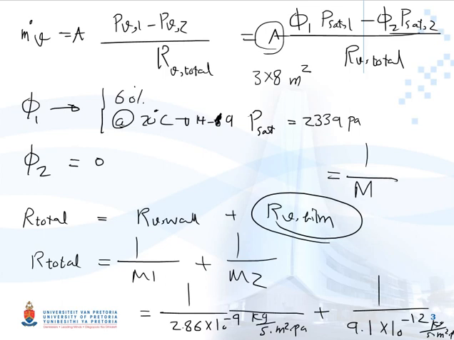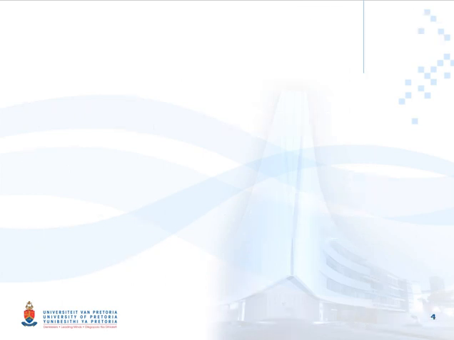Okay, so our total will be equal to 1.1 times 10 to the power of 11, and the unit is second meter squared Pascal divided by kilogram.